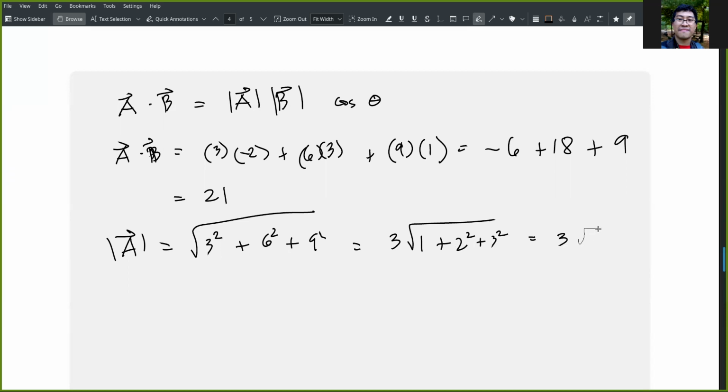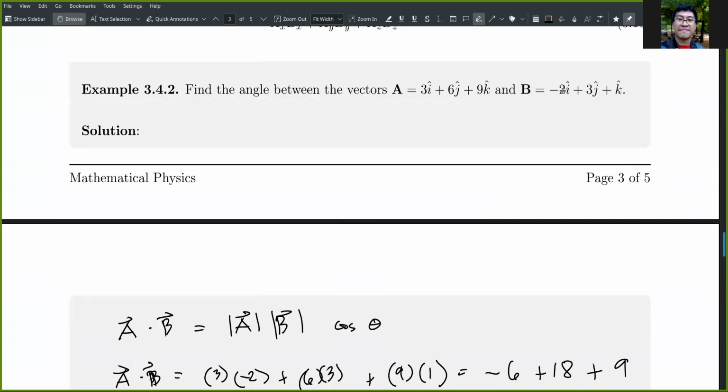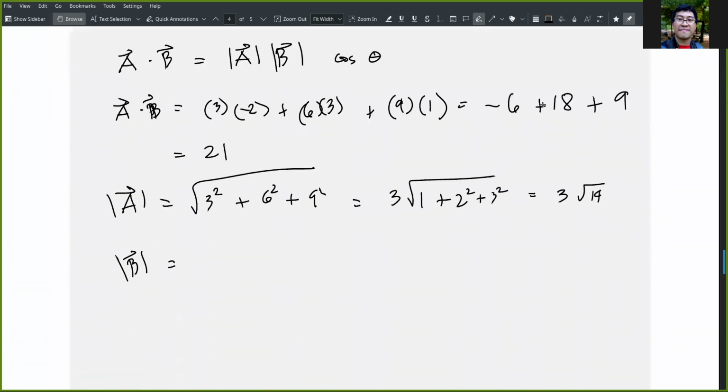So this is 3 times the square root of 14. For b, you have 2 squared plus 3 squared plus 1. This has a negative, but it doesn't matter because we are squaring it. So you have 4 plus 9 plus 1, that's the square root of 14.